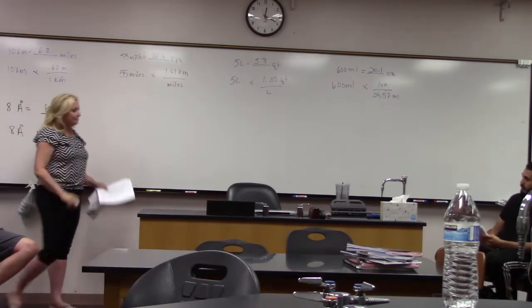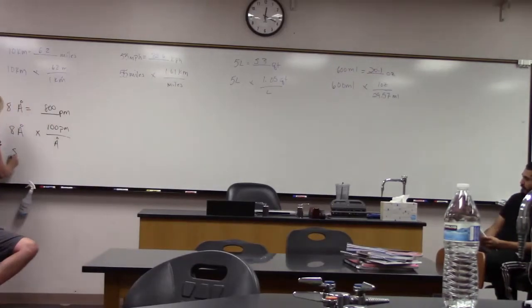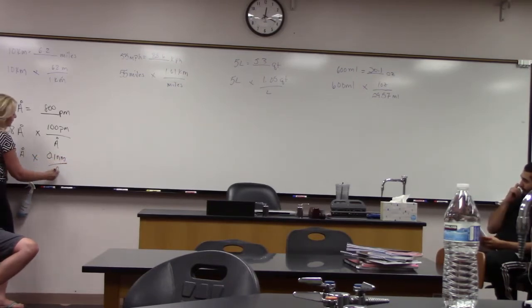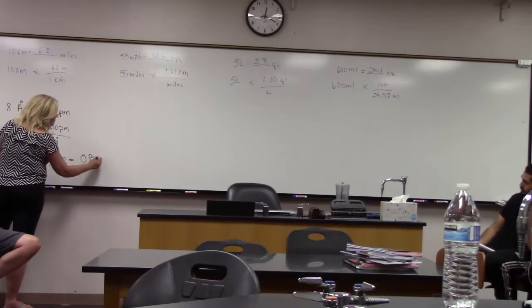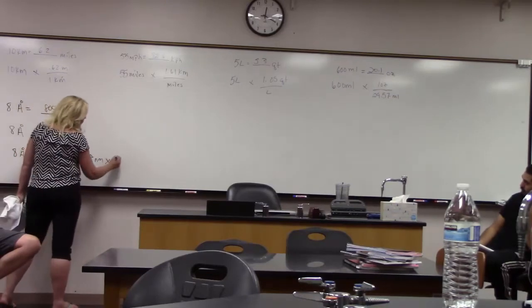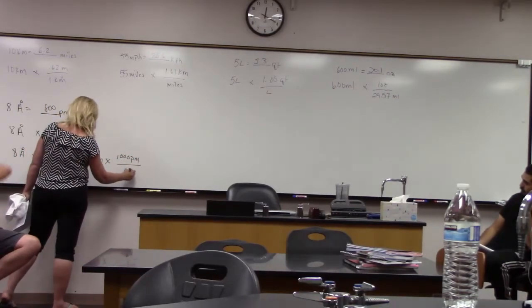How would you do that using the original? 8 angstroms times 0.1 nanometers per angstrom, right? So you have 0.8 nanometers. And there are 1,000 picometers per nanometer.